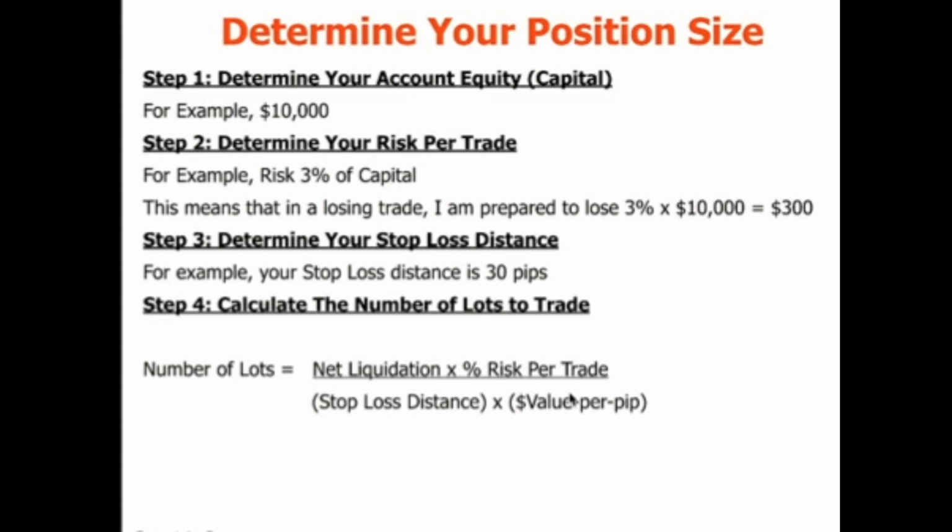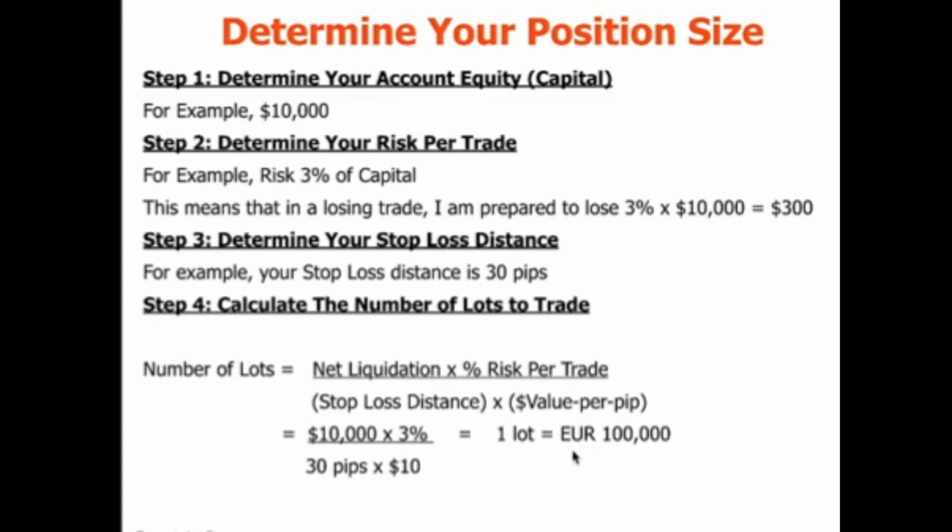On other currency pairs, it could be slightly more or slightly less than 10. It could be 9, 11, 12, or 8. In the previous lesson, I showed you how to determine the dollar value per pip for each currency pair. For more simplicity, we are going to be trading Euro USD, and right there on my screen is the example of the trade we are taking on Euro USD with 3% risk per trade.